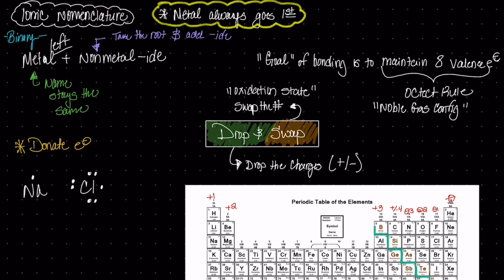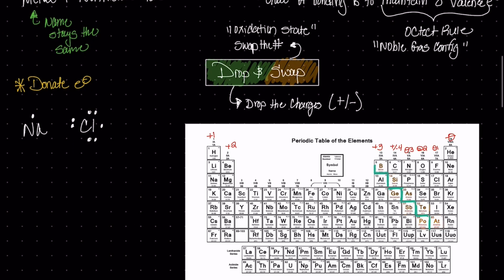And the non-metal, anything on the right, you take the root of the non-metal name and then you add IDE. And the goal of doing all of this arranging and twisting is to maintain that octet, or those 8 valence electrons. If you have 8 valence electrons, you kind of have the configuration of a noble gas, and you're highly stable.